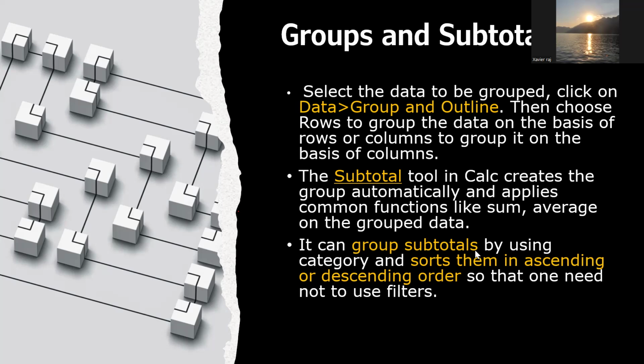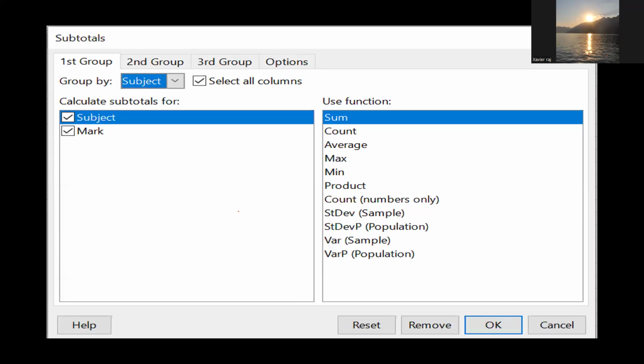So there is no need to use filters separately, as we do in Excel, because when we use subtotal, the data is automatically arranged in ascending or descending order.